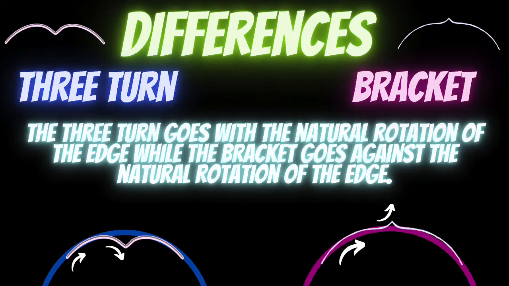Another way to explain that is the natural rotation. When we are doing a 3-turn, a bracket, even a counter and a rocker, we have a natural rotation that happens with our body. If we weren't checking our body and we were just letting it skate on an edge, there's a natural rotation that happens. When you are on an outside edge or an inside edge, your body naturally wants to start to rotate.